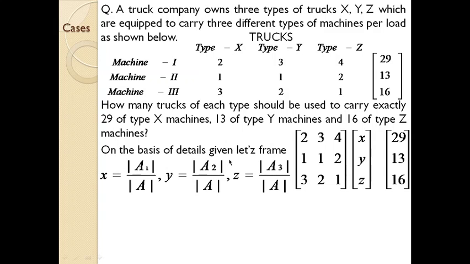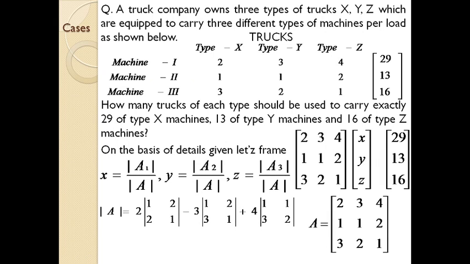Before you go into A1, A2 and A3, first you need to identify all the matrices. A matrix is represented by this first matrix. You know how to find the determinant of this particular A.